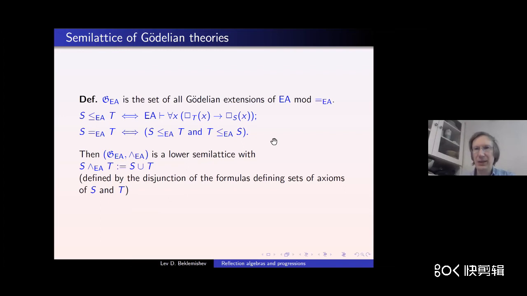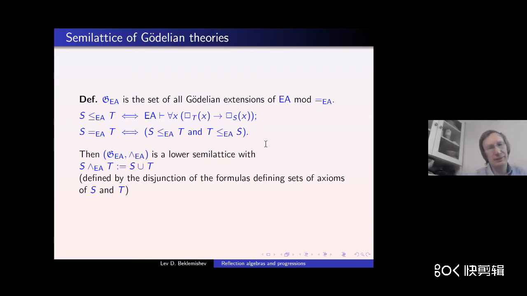In fact, they live in a certain big superstructure, which I denote GEA. GEA is the set of all Gödelian extensions of elementary arithmetic. I defined what a Gödelian extension is. Modulo equivalence, which I denote equivalence EA, defined as follows.